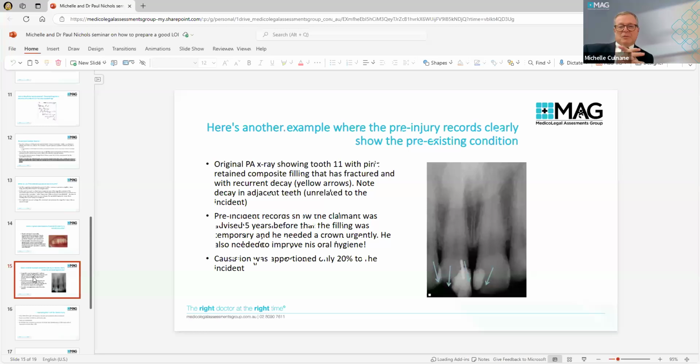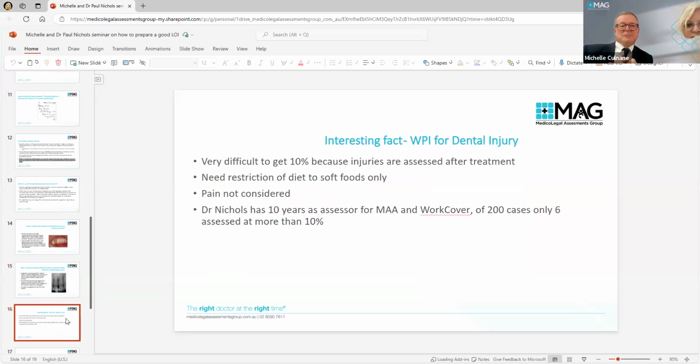So when I got a call for the pre-incident x-rays, there it was. They were totally filled and decayed and on their last legs, and they would have required the claimed treatment regardless of any motor accident or any trauma. Good work. Very good work.